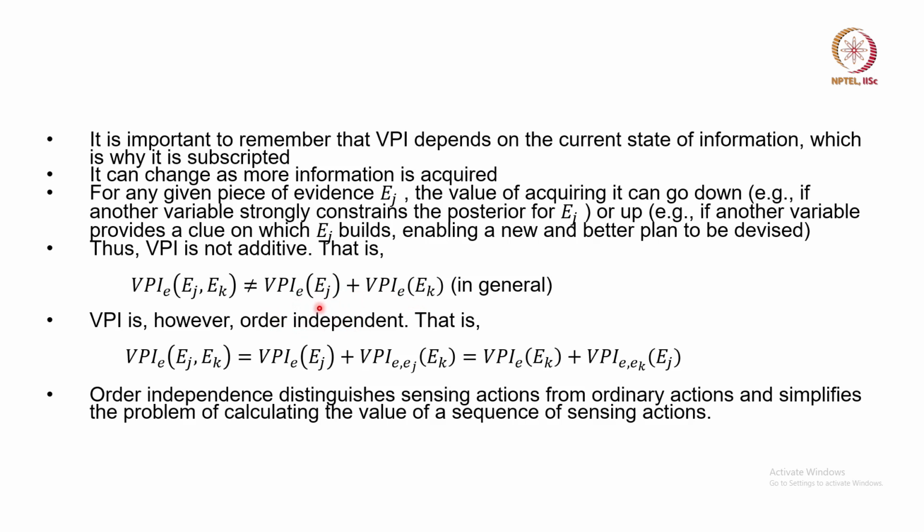You could even exchange the order, right? So VPI of EJ, EK will be equivalent to VPI of EK, EJ. In other words, VPI of EJ plus VPI of EK given EJ will be equal to VPI of EK plus VPI of EJ given EK, using the previous evidence also. Okay, so we can say that it is order independent.